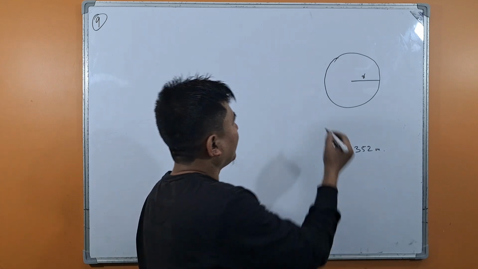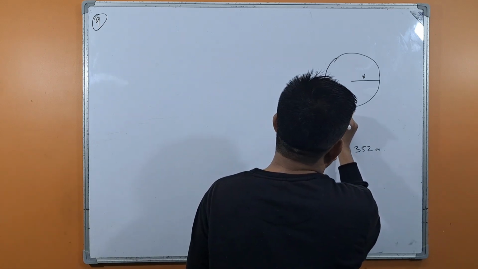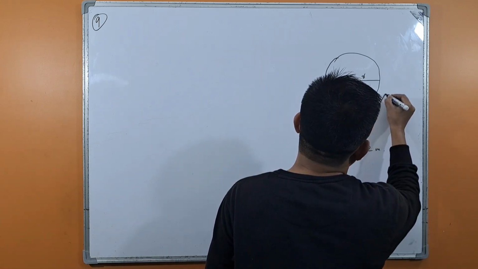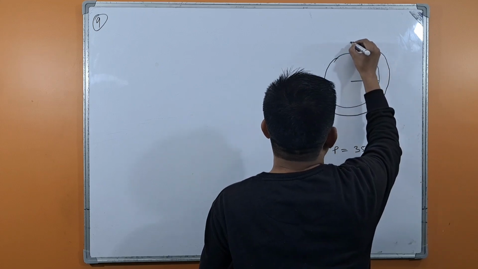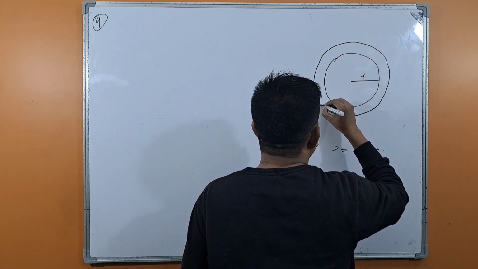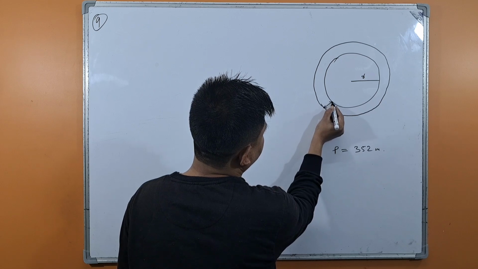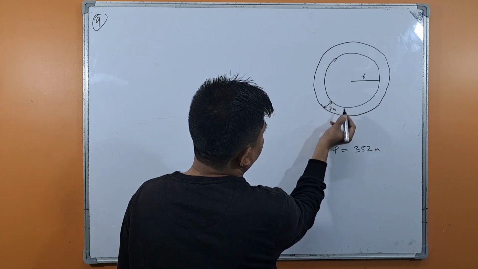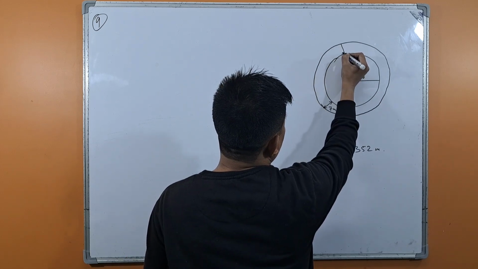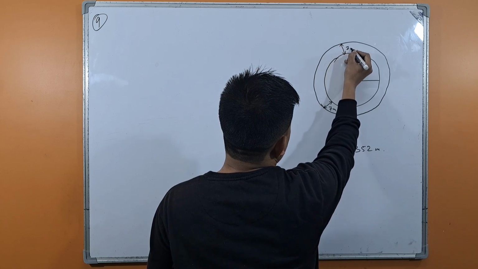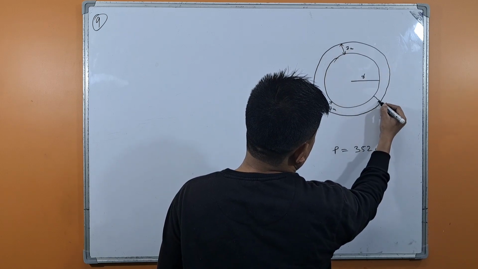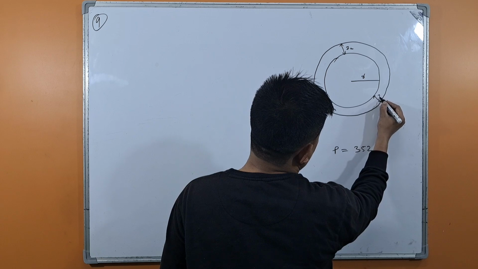And there is a circular path around the perimeter of the circular park of equal width. The width of this path is 7 meter. This is given. Width is same everywhere, so this is also 7 meter, and this is also 7 meter.